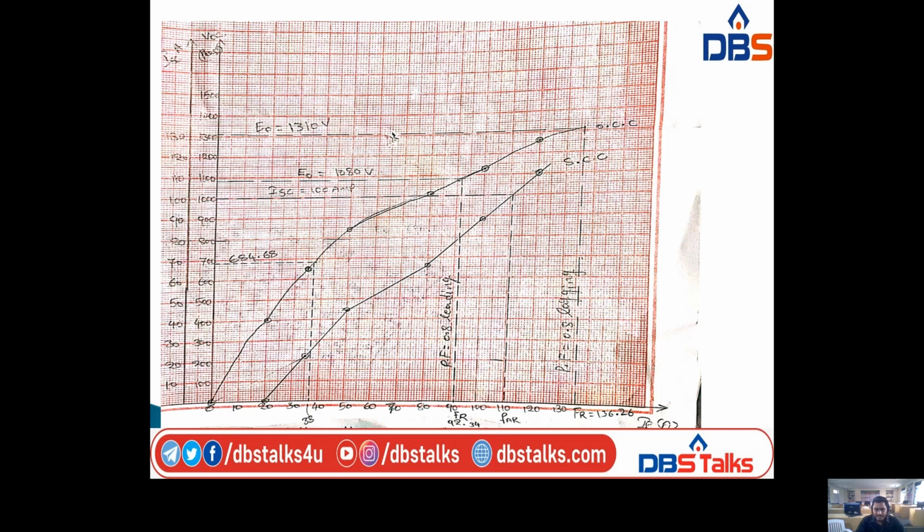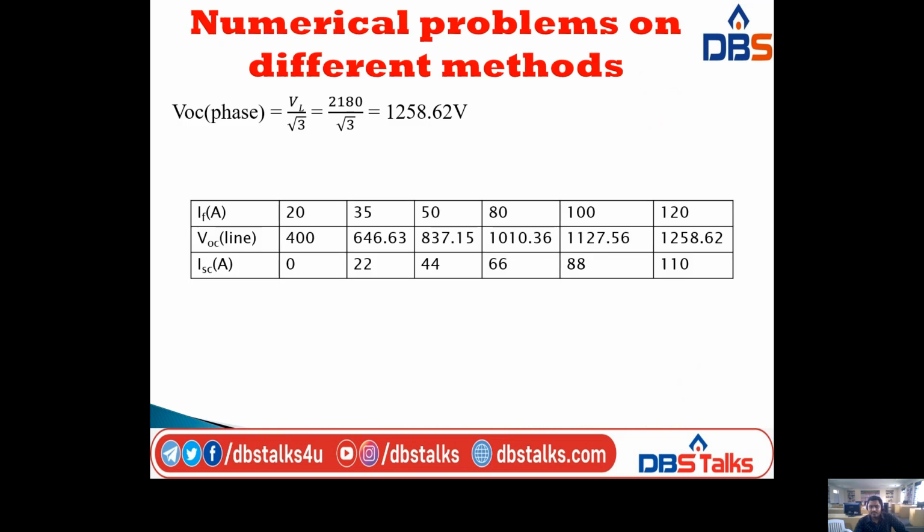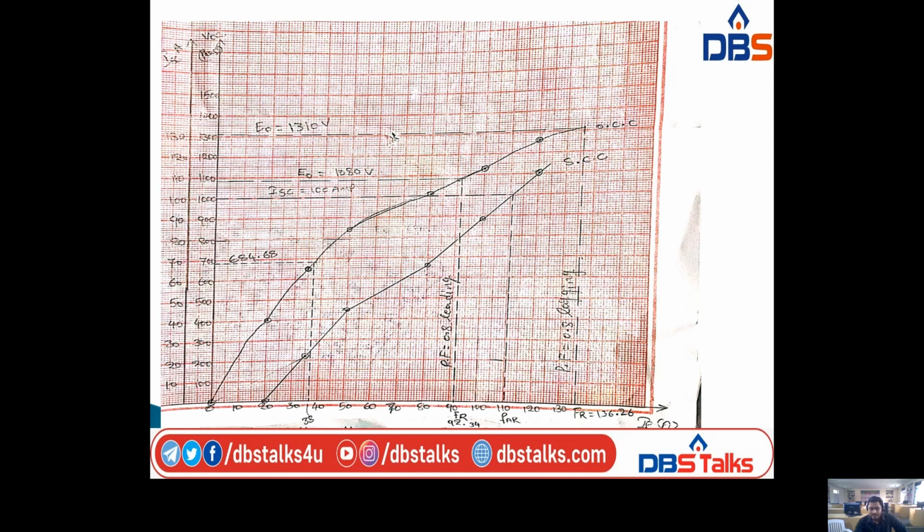On the x-axis I am taking the field current, and on the y-axis I am taking two parameters: one is short circuit current and another one is open circuit voltage. The field current varies between 0 to 120, but I am taking up to 140.